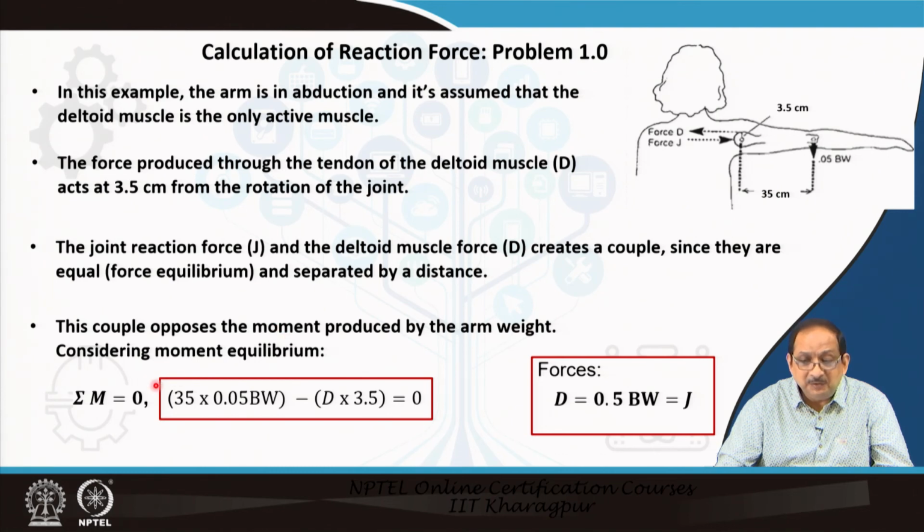Considering the moment equilibrium at this center of rotation, we can form the equation which involves the weight of the arm and the deltoid muscle force, from which we can calculate the deltoid muscle force as 0.5 times the body weight. Since the deltoid muscle force is equal to the glenohumeral joint reaction force, the reaction force has the same value, 0.5 times the body weight.